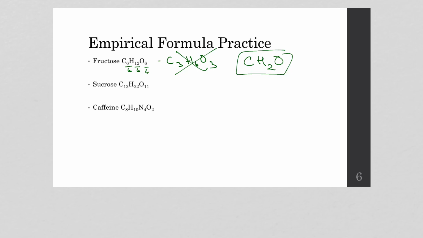Look at the second example, sucrose. What we should determine here is that this is already the empirical formula, because we can't reduce this. It's the simplest ratio. There's no factor that we can reduce these by. So in a lot of cases, the molecular formula equals the empirical formula.